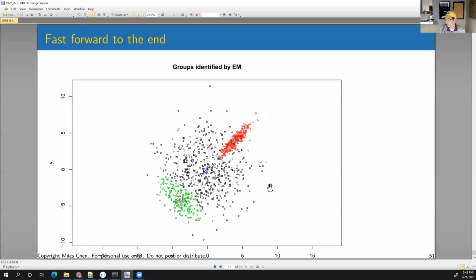But that's the EM algorithm. I hope there's enough instruction or guidance in the homework to guide you through the process of coding this up. That's all I have planned for you today.